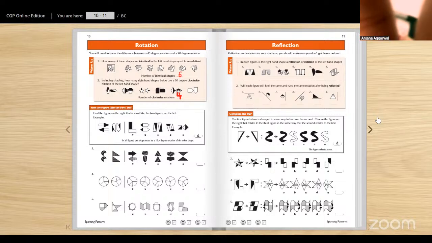Find the figure on the right that is most like the two figures on the left. Okay.